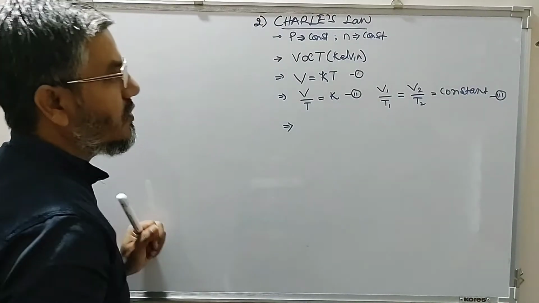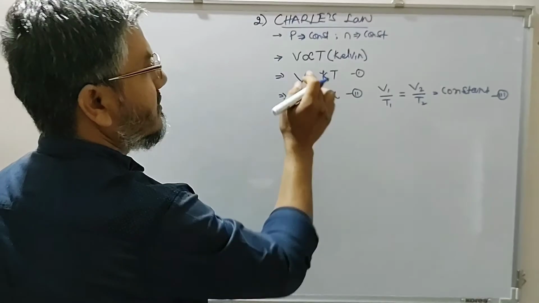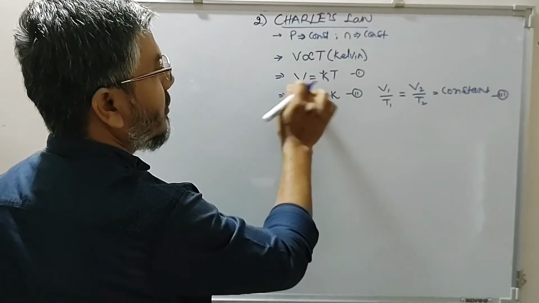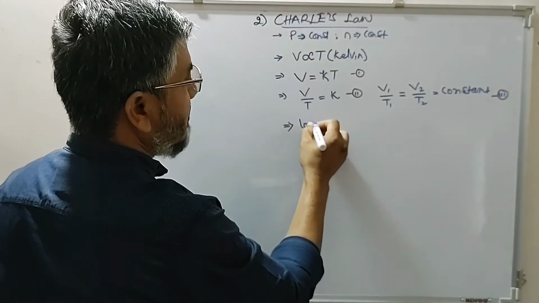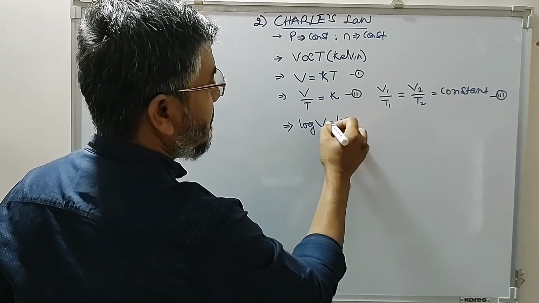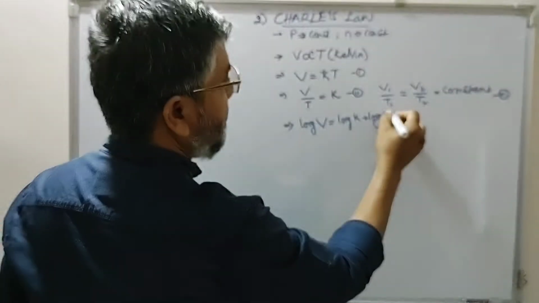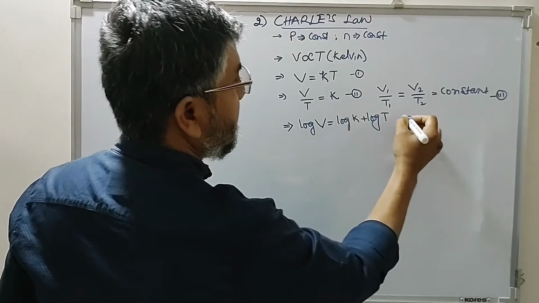The equation can also be explained in graphical form. Taking logarithms, the logarithm of volume is equal to the logarithm of K plus the logarithm of T. Let this be equation 4.